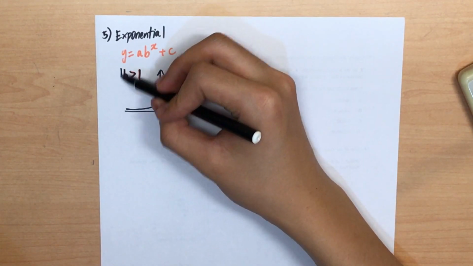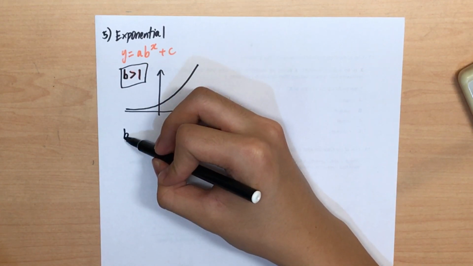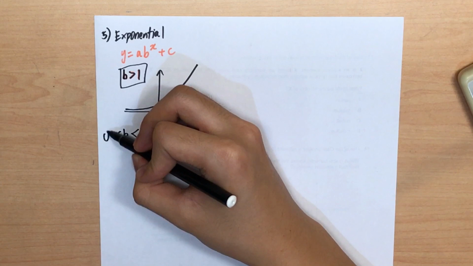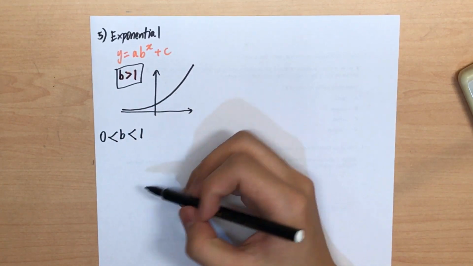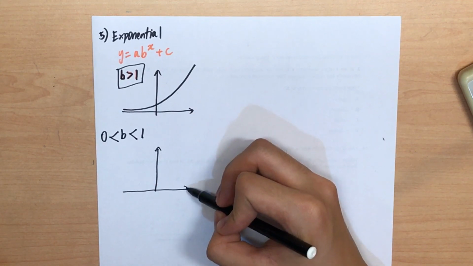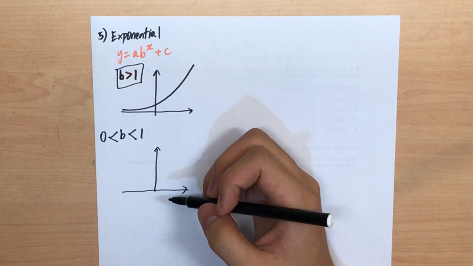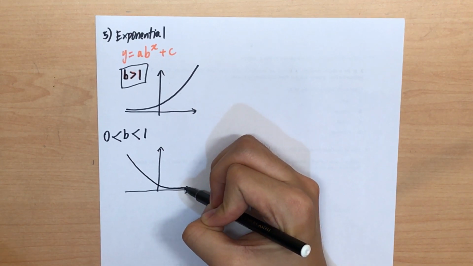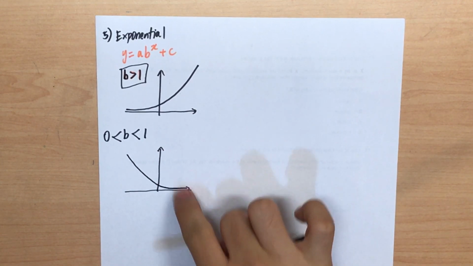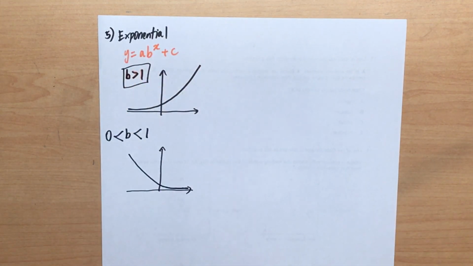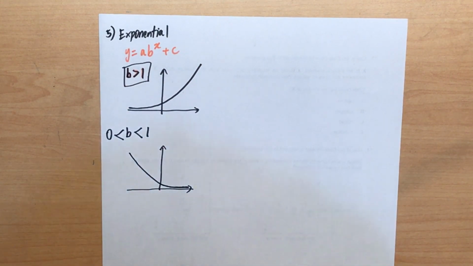If b is less than 1 but greater than 0, it must be positive, the graph will look like this, in the opposite direction. It goes to infinity, and moves outward like this. That's called the exponential graph.